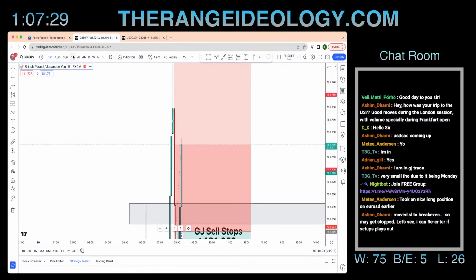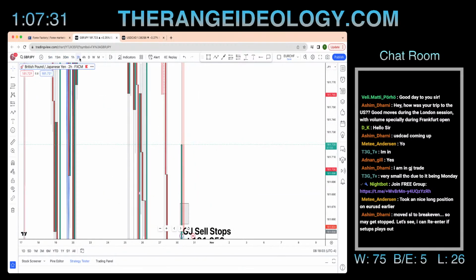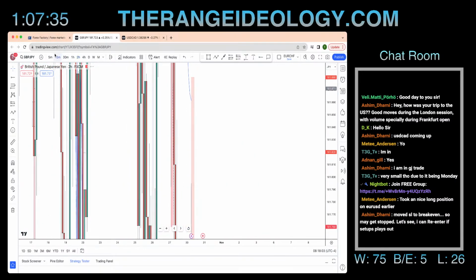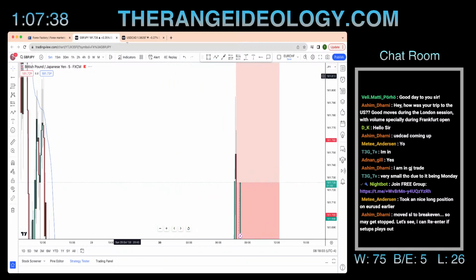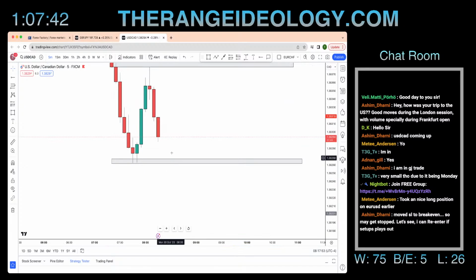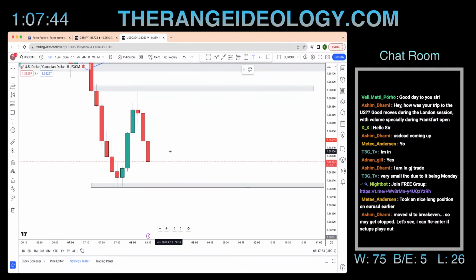Very strong push from GJ here. Again, is it looking to get the 2-hour EMA tap there? Is it going for that? And with USD CAD, is it pushing down here, so we can capture these buy stops?